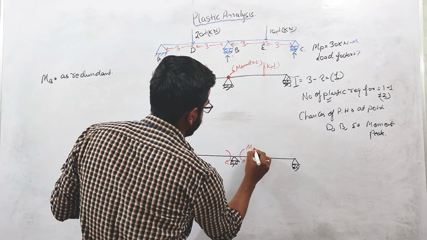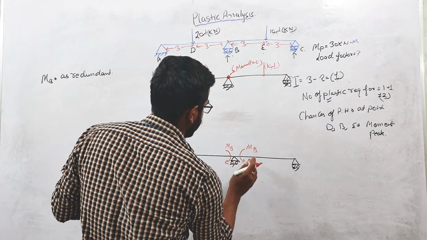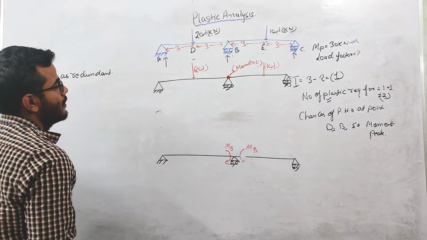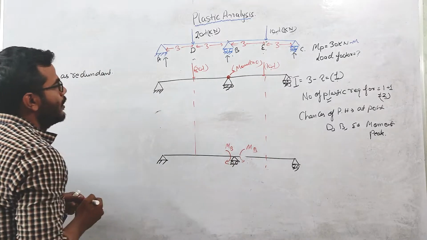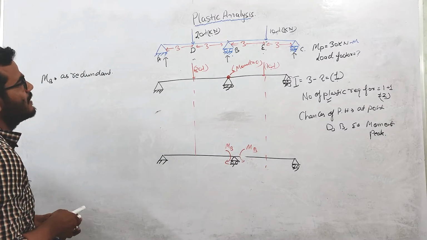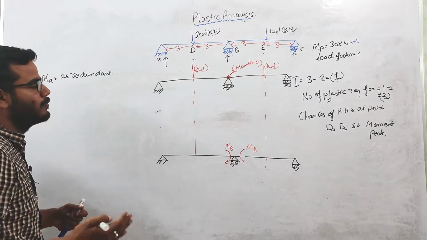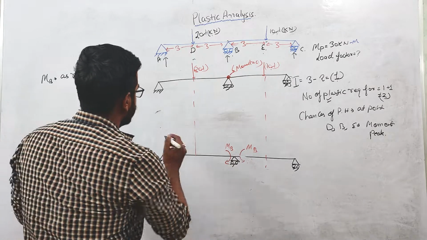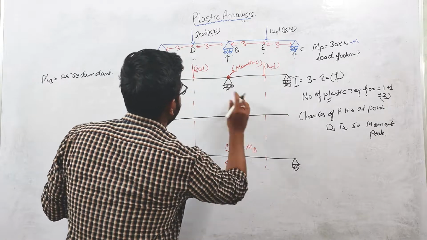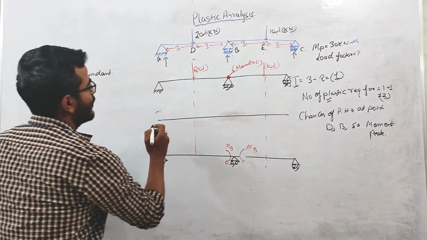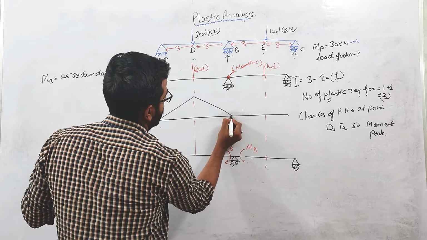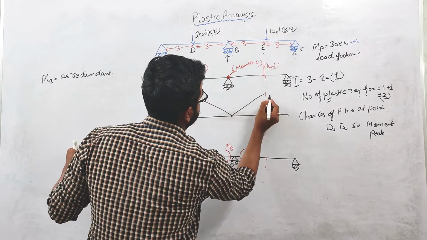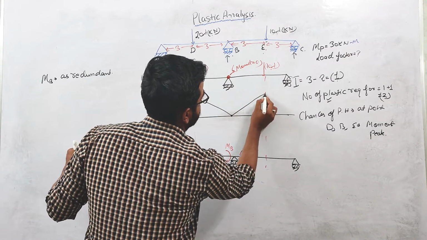This is MB, this is MB, this is MB. If you draw the bending moment diagram, we just divide this beam into two parts and superimpose the results. For the first part, it will look like this. At this point the bending moment will be 0 because there is an internal hinge over here.